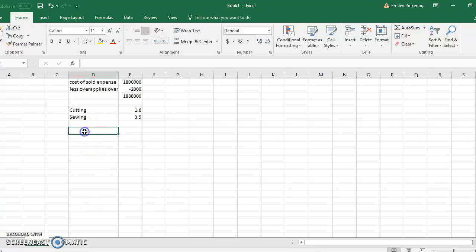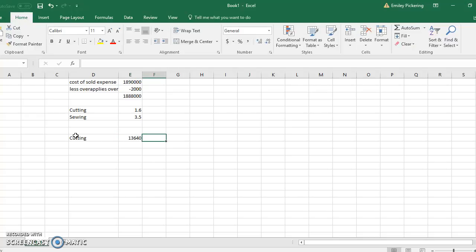The next part is to apply the overhead rates you just calculated to your cost drivers. Let's do cutting first. We are basing cutting on machine hours, and we had 13,640 machine hours.